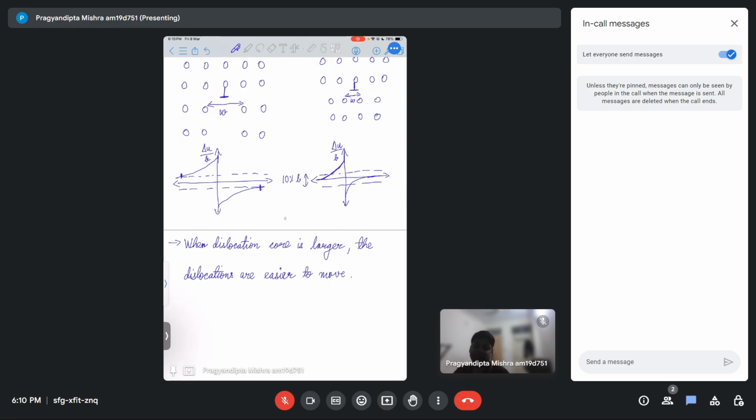So this width of the dislocation core is essentially the distance over which the displacement of the atoms is large enough that linear elastic theory cannot be applied.